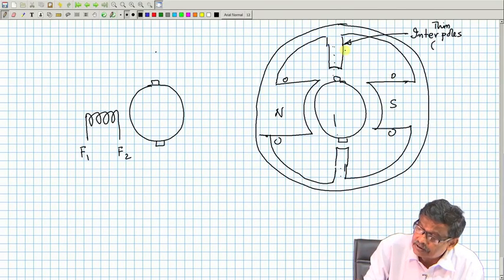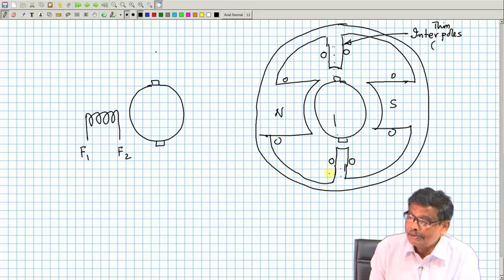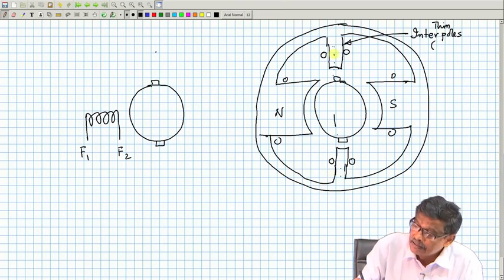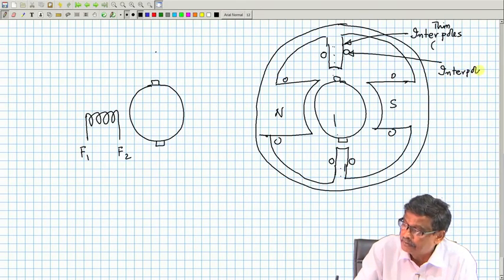And you put other coils here. So, these are called interpole coils. For large DC machines you will find interpole coils.